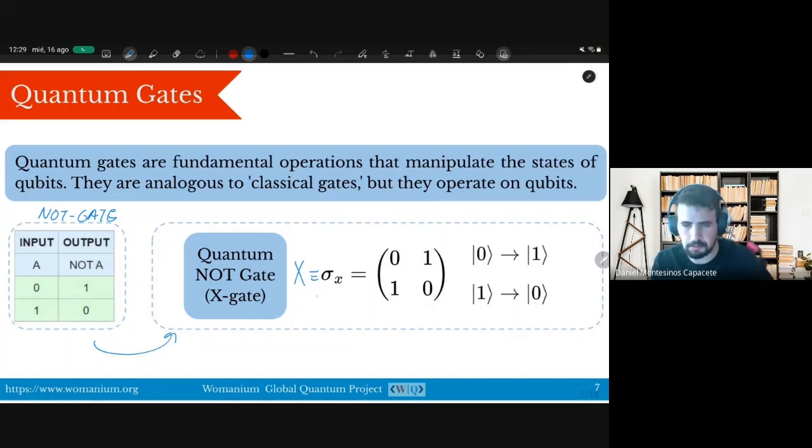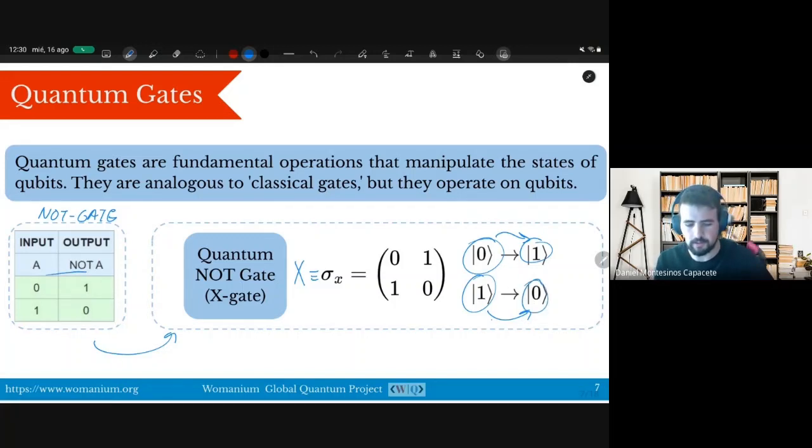It doesn't really matter that much. People will understand if you say Pauli X matrix, but normally they say X operator, and that's good enough. If you apply this operator, it takes your qubit in state 0 to state 1, and your qubit in state 1 to state 0.